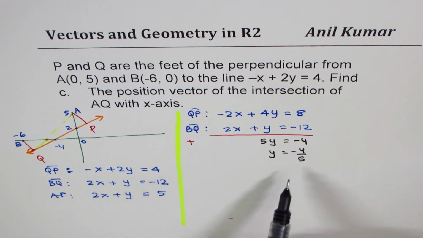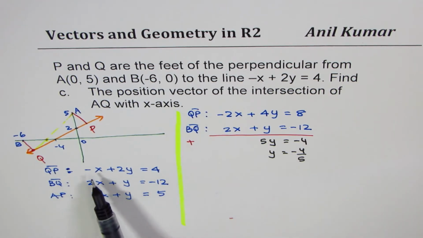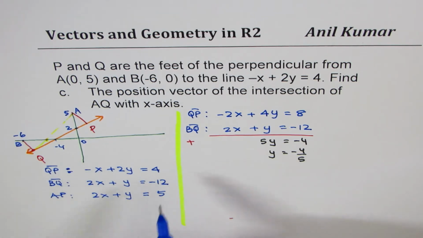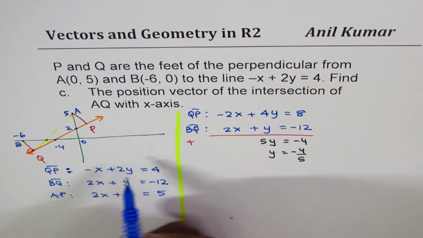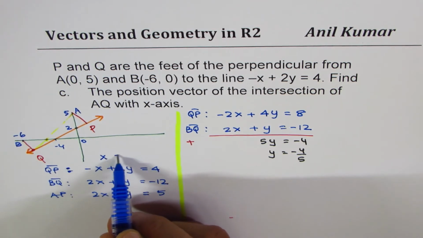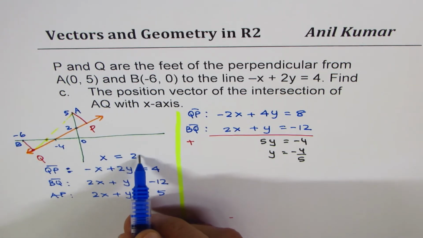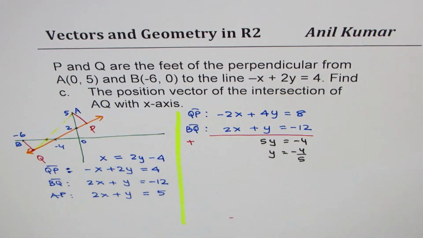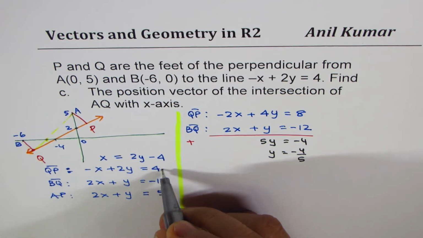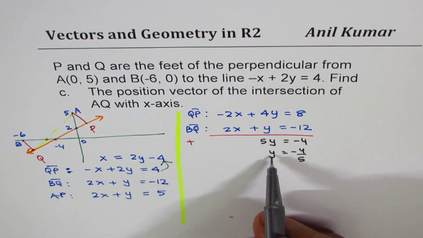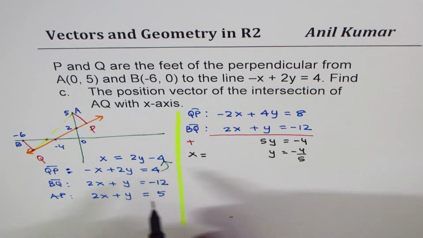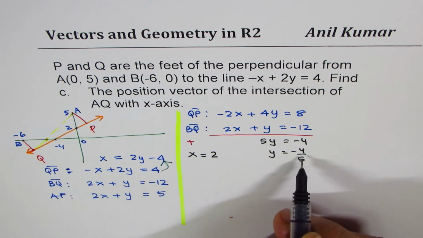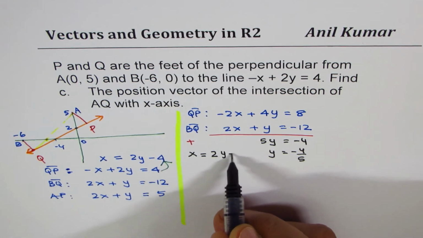Now, since y is minus 4 over 5, I can also write x from the equation of QP, taking x on this side, as x equals 2y minus 4. Is it okay? What I did was reorganize. So now we know y is minus 4 over 5, and what is x equal to? x is equal to 2 times y minus 4.